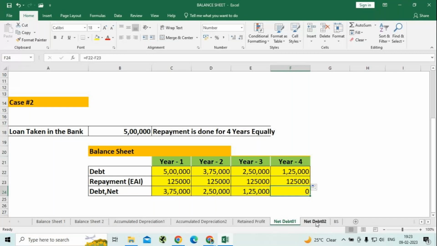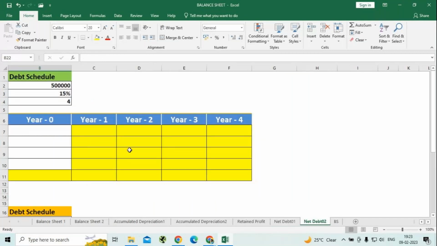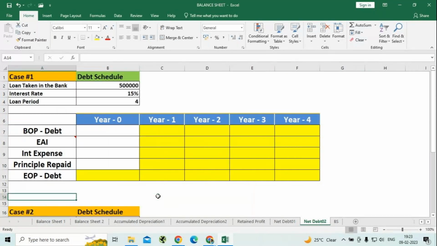So the next situation is this one. As I said, the debt schedule preparation. We have already done this. So how to do this? If you remember, guide me on how to prepare this debt schedule for the 4 years.